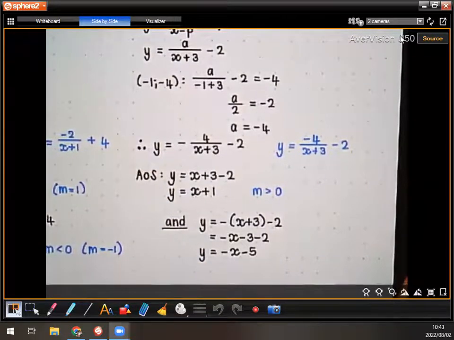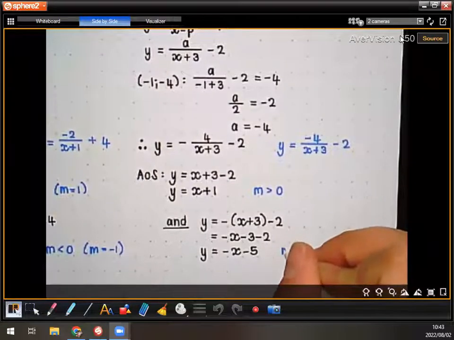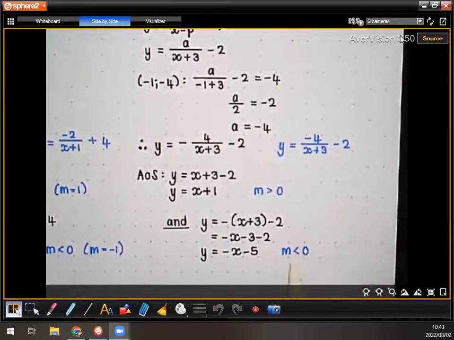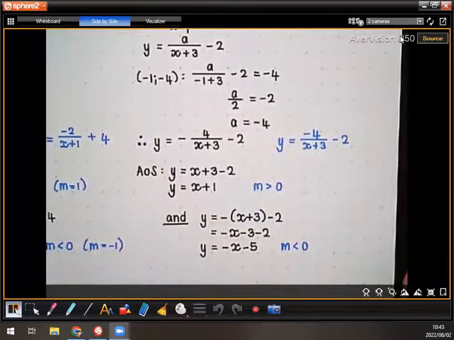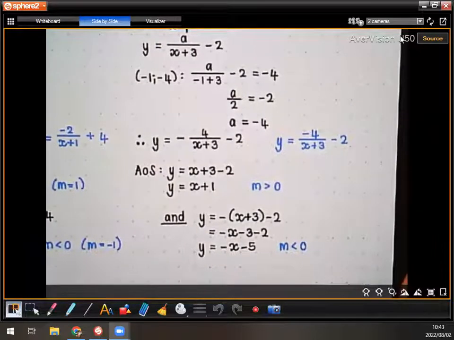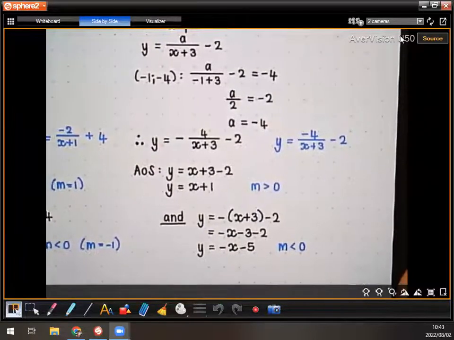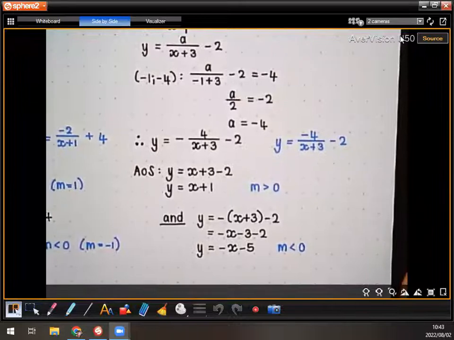If they're saying find the axis of symmetry with a negative gradient, you have to do the one with the minus in front. Sometimes they specify. Sometimes they ask you to find a point of intersection of a graph and one of the two axes of symmetry. Then you need to know which one it is. But they'll always say the one with the positive gradient or the one with the negative.